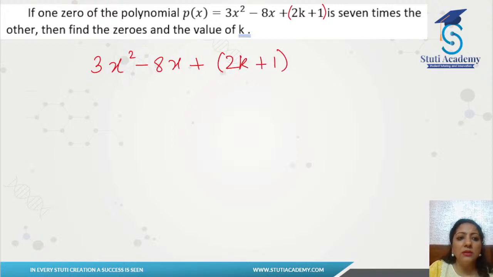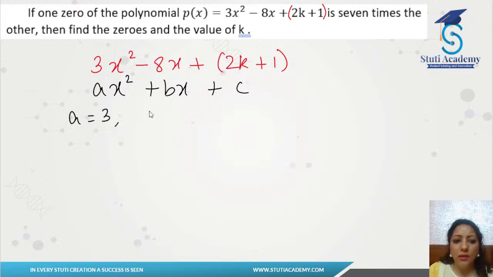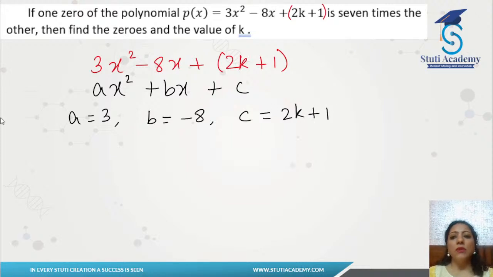If I compare this with the standard form, ax square plus bx plus c, I can see that a is 3, b is minus 8, and c is 2k plus 1. Now it's a quadratic polynomial, so we know it has two zeros. It's given that one zero of the polynomial p(x) is 7 times the other.